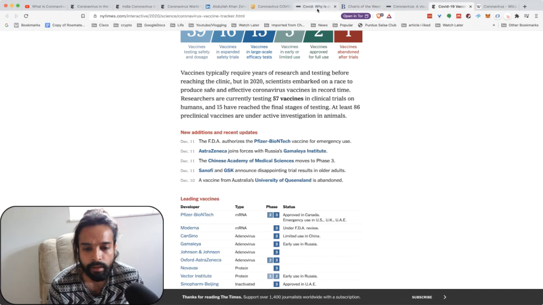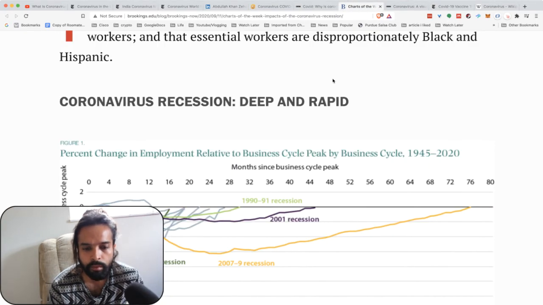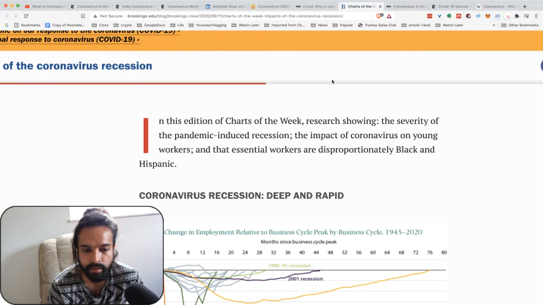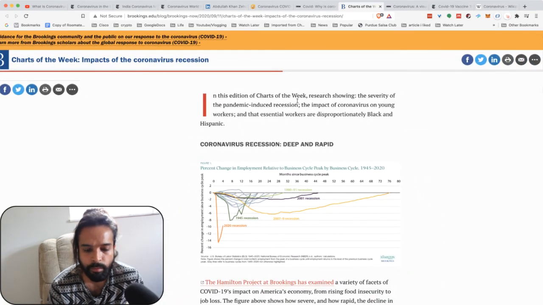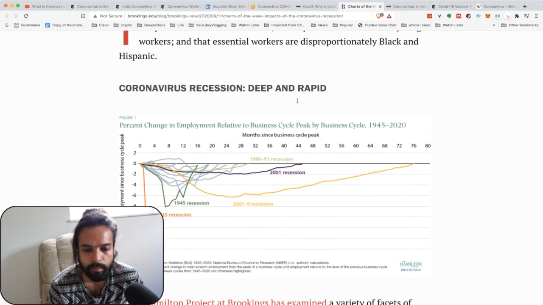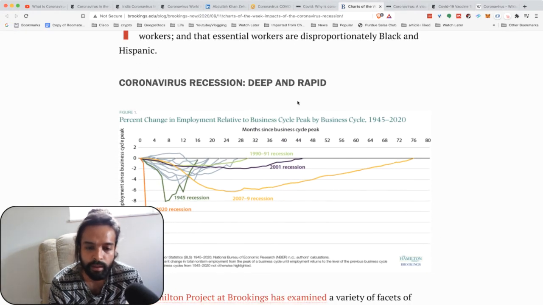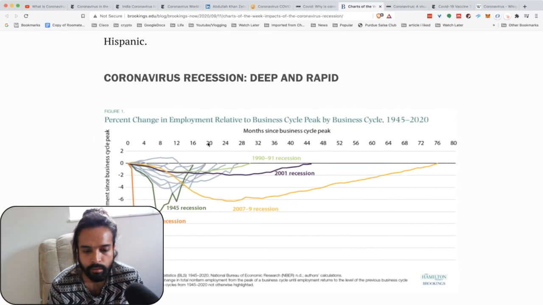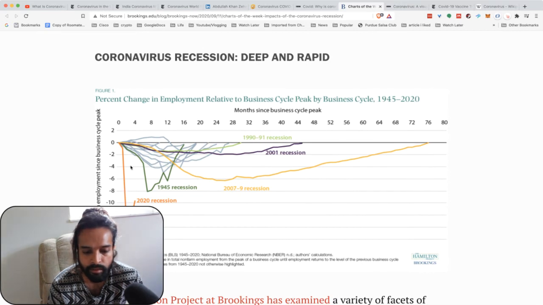Okay, finally I want to show how the coronavirus has impacted our lives, with some charts. You will probably want to know how it has impacted the economy. This one is a graph that compares the coronavirus recession with other recessions. As you can see, this orange one is the 2020 recession, and the y-axis is percent change in employment since the business cycle peak. So how many people basically lose their jobs?